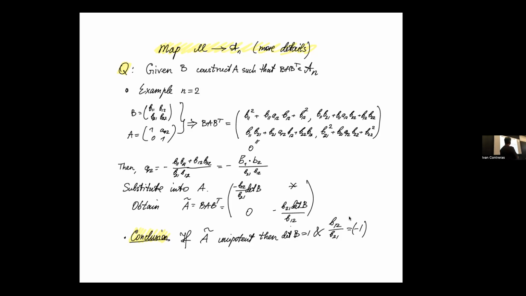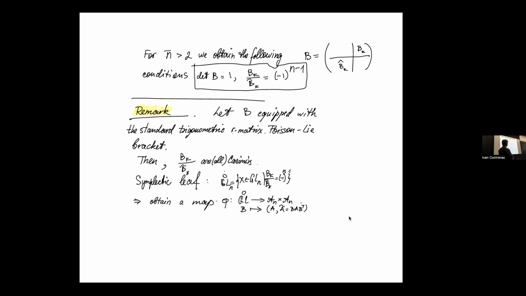Now the condition that the result is unipotent upper triangular leads to the equation that element 2, 1 of this resultant matrix is 0. So we can solve for A12 from this one, and we will get the following expression for A12. And then we substitute it back into A and into A tilde. So we will get that A tilde has the following diagonal terms, which lead to the condition on B that the determinant of B must be equal to 1, and also the ratio B12 over B21 should be equal to -1.